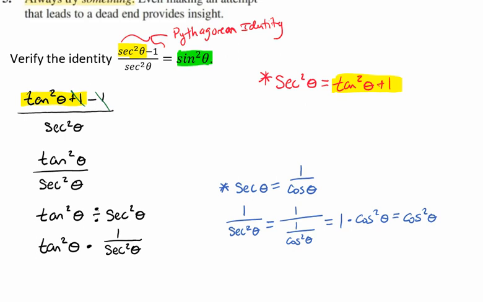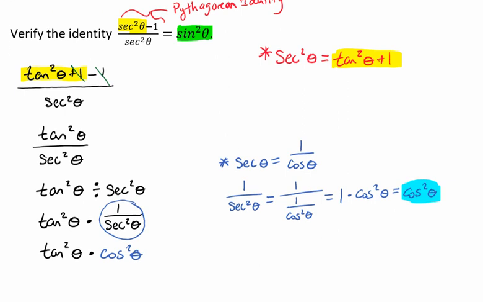So we're going to replace our cosine squared of theta in for that piece right there. So now we have the tangent squared of theta times the cosine squared of theta.